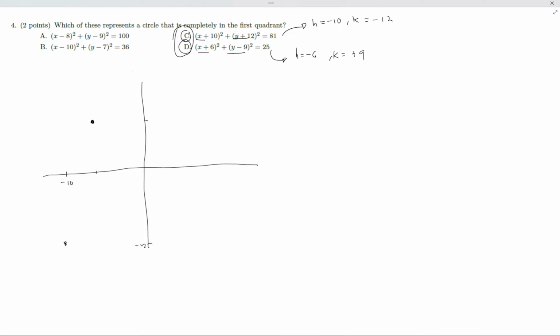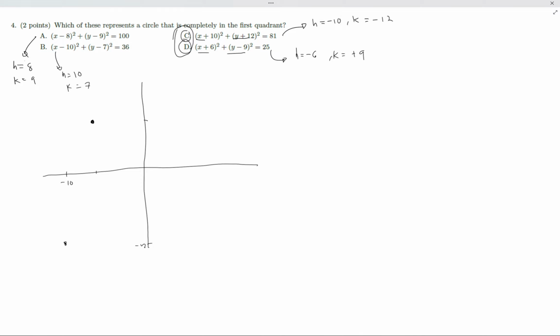Now let's move on to A and B. Both A and B seem a bit convincing, because if you look at this, for A, the center is located at, if you guess it right, +8 and its K value is at +9. While for the second one, its H value is at +10 and K value is at +7.